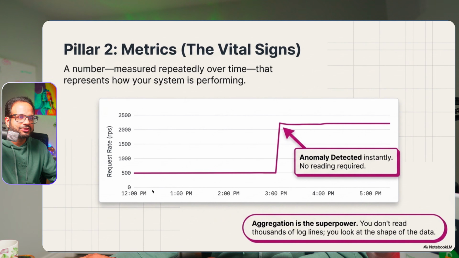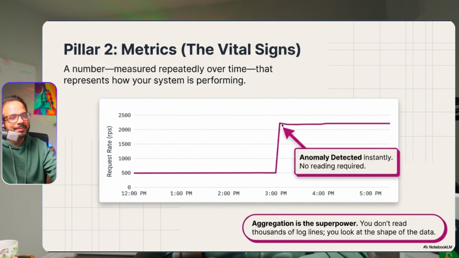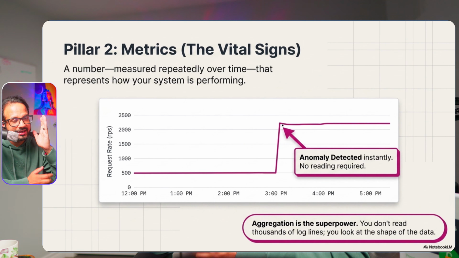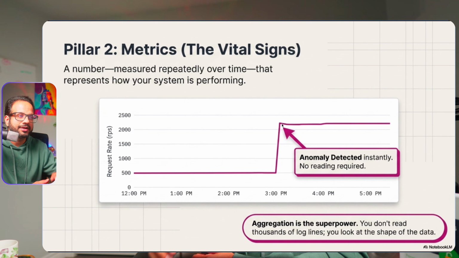So for example, your request rate per second spiked from 500 to 2000 something, right? And there is a sudden spike over there. So you instantly know something happened at this particular timestamp. So you know which timestamp to check further. Now you don't need to look through thousands of log entries. You just look at your data in real time to understand the problem.